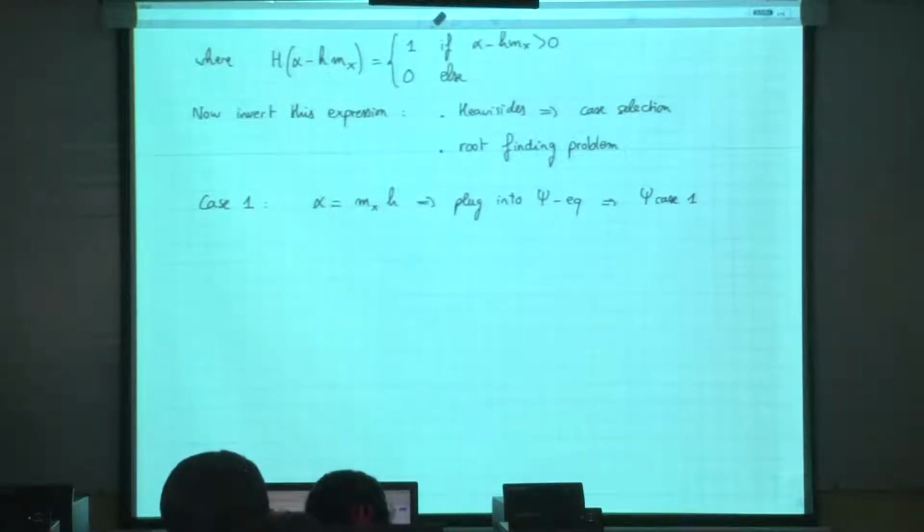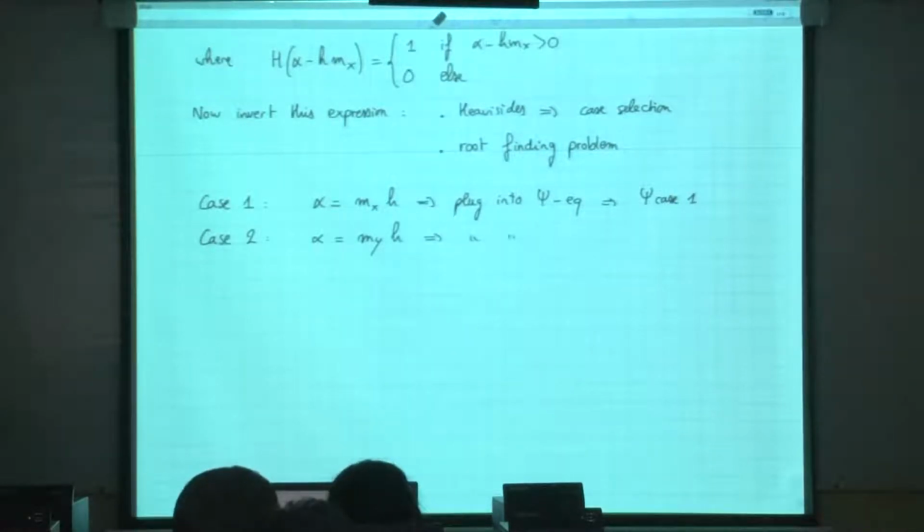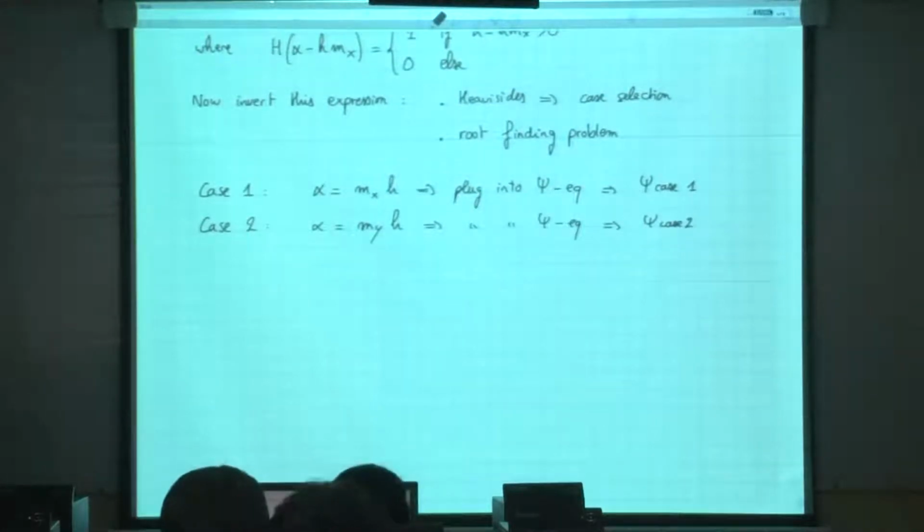If psi is less than that, I know I don't need to worry about the Heaviside. If it's more, I need to worry about the first Heaviside. And then same thing for the second. When this happens, I plug it into my psi equation, and that gives me my limit value below which I know that my psi will have to be turned on both sides.